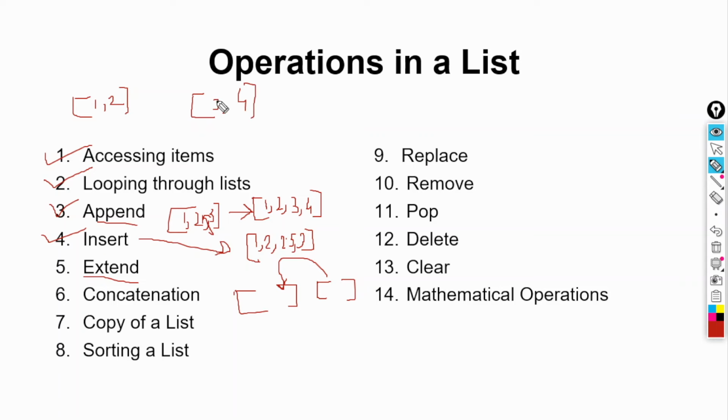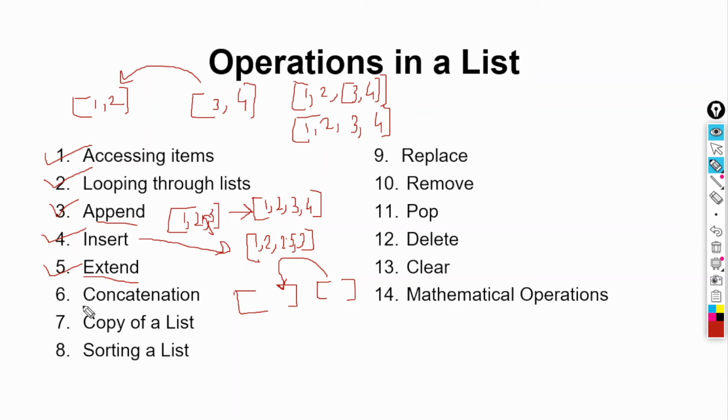If I appended this here, I would have got 1, 2, and the third element would be 3 and 4. So that would give me a list inside a list. However, had we used the extend operation, we would have got 1, 2, 3, and 4. So this is the basic difference between extend and append.